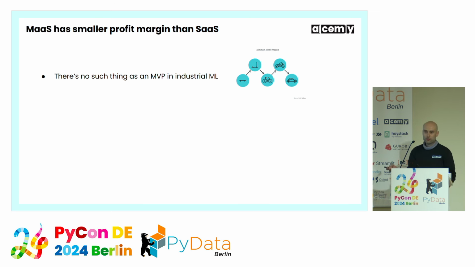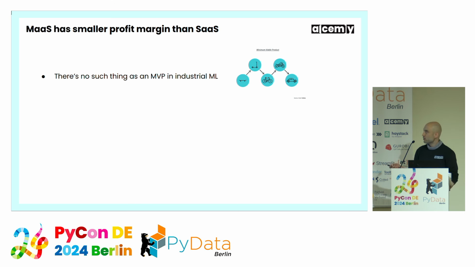The problem is machine learning products don't work that way, because before you have a product that can be used by your customer, you need all the bells and whistles. You need some sort of data export, model registries, retraining procedures, and a way to serve the data back into wherever your customer sits. So basically you never start with a skateboard, but usually with a bike or a motorcycle right away.